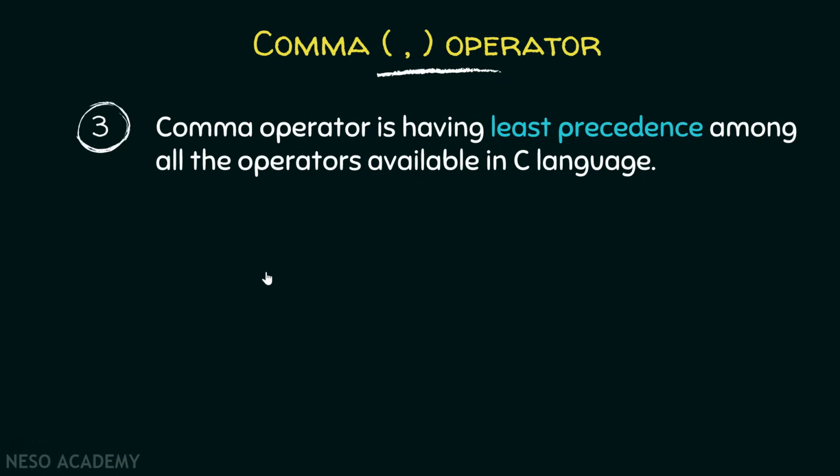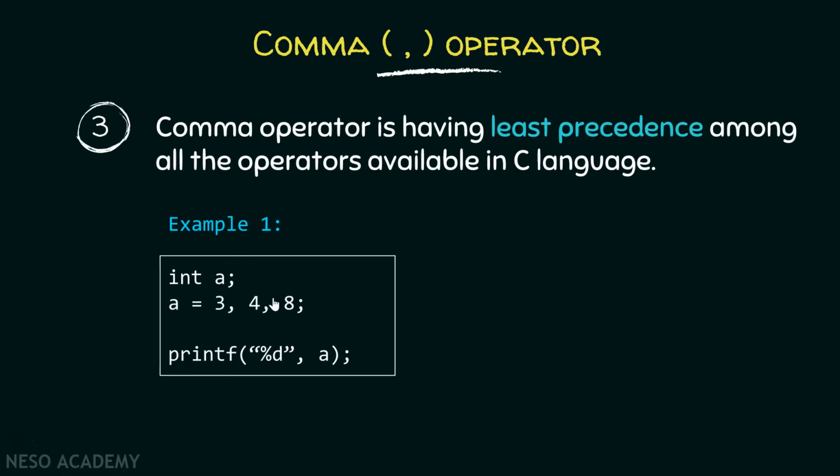Let's consider one example to better understand this concept. Here in this example, I declared a variable A, and to this variable I assigned an expression 3, 4, 8. And I simply try to print this particular variable. You might think the output is 8 as because comma operator will return this value, which is the rightmost value, to this particular variable A.